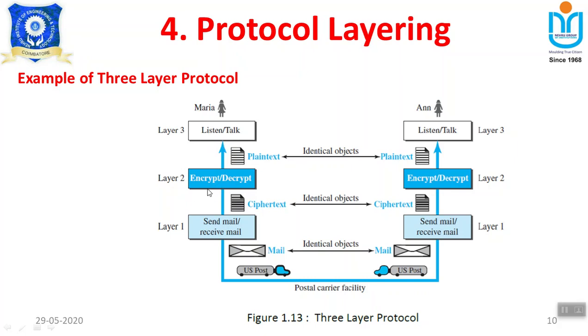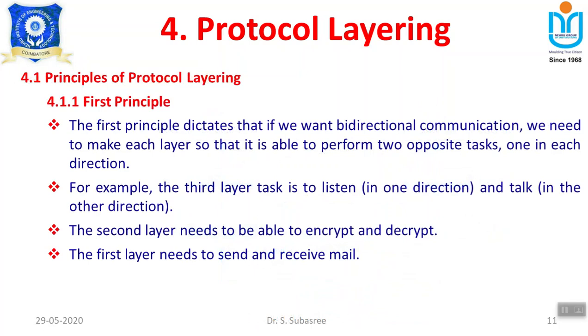The second one is we want to encrypt or decrypt based on listen or talk, and then we want to send. So for sending, one protocol is needed. For doing the encryption and decryption process, one protocol is needed. And to make a system listen or talk, for that we need a protocol. A different type of protocol is needed for each and every layer. So this is a simple example for understanding how these layers are functioning.